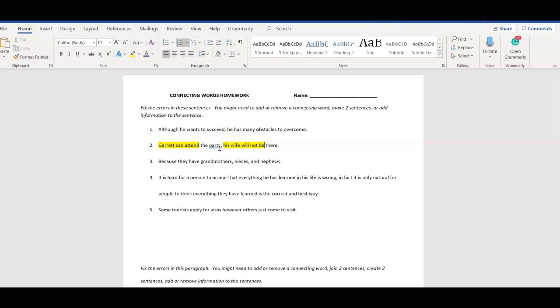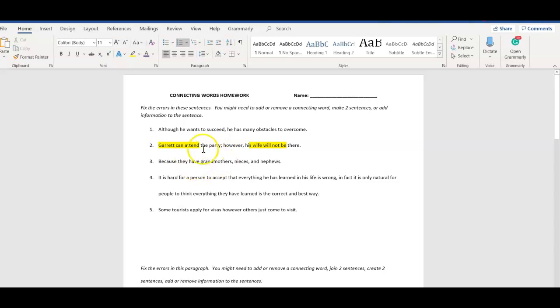That is a run-on sentence. You could either put a period and make a new sentence, okay? Or in this case, since we are practicing connecting words, you could say semicolon, however, his wife will not be there. Okay, so we cannot just put a comma, we have to join it with a connecting word.